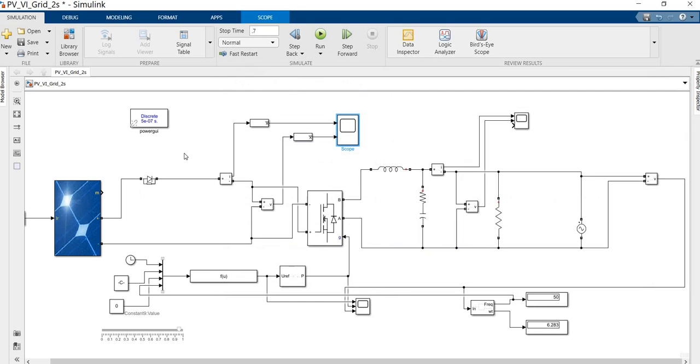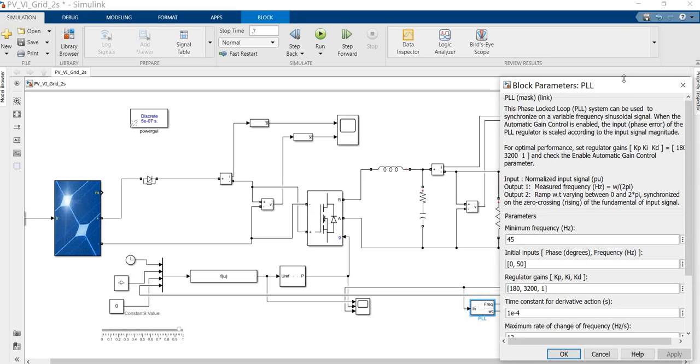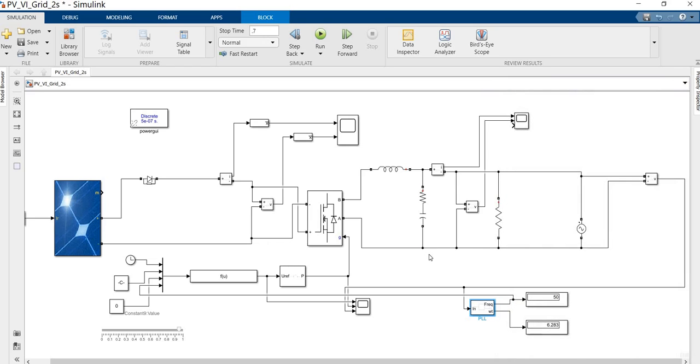So this is the simple study for the grid connected PV system. The PV is synchronized with the grid by using the PLL, the phase locked loop.